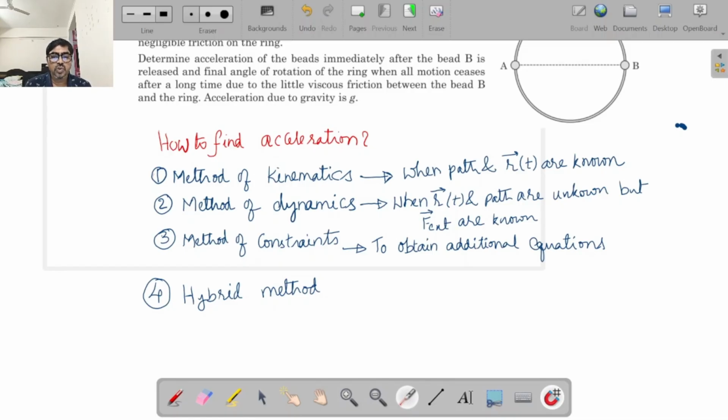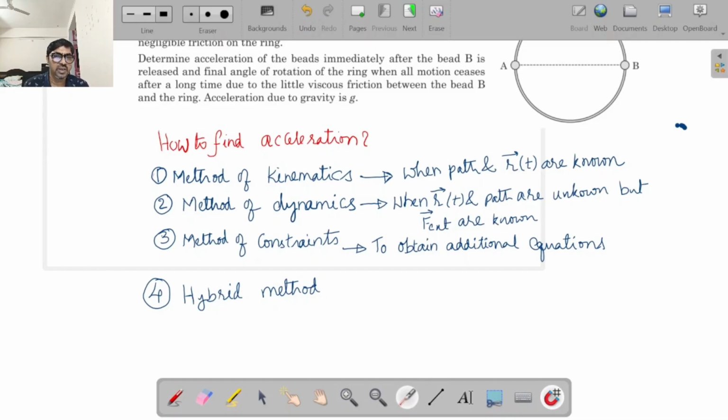Sometimes the unknowns may be more than the number of equations you got, then we will also use the method of constraints. Sometimes the question is so easy that only constraints give the answer, but sometimes you have to add the constraint idea as a supplement to get additional equations.